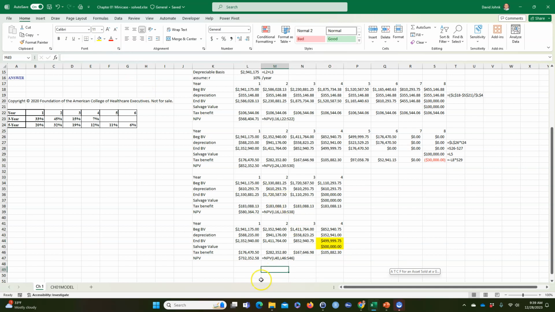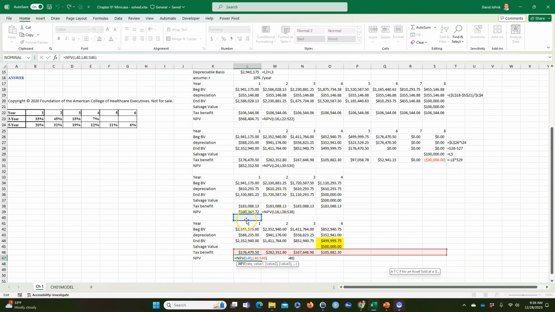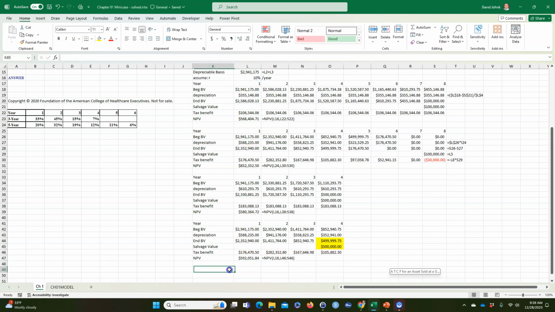And then remember, on this NPV, we're going to make sure we point that to our cost of capital. So again, MACRS is better, but it's not going to make any difference because you can see here the ending book value on here. First of all, I would use MACRS because that'd be better, right? So tax implications, why are you using SSL?